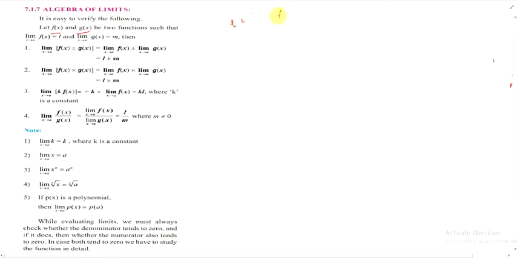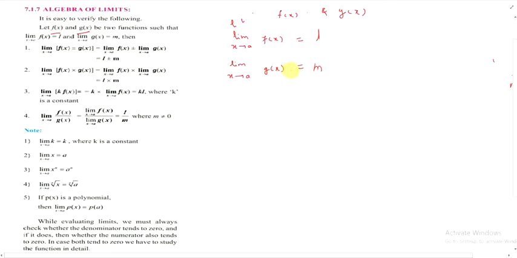So here let us have two functions, f(x) and g(x), and let us consider that their limit exists at x is equal to a, that is limit x tends to a of f(x) is equal to f(a) and limit x tends to a of g(x) is equal to g(a). Or you can consider in this way, if their limits are say L and M, we can consider other letters also.